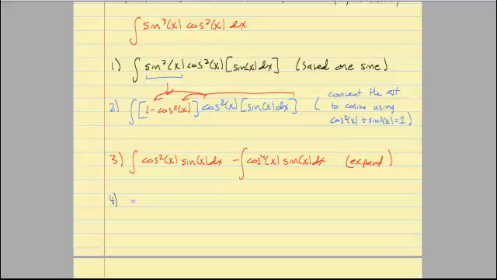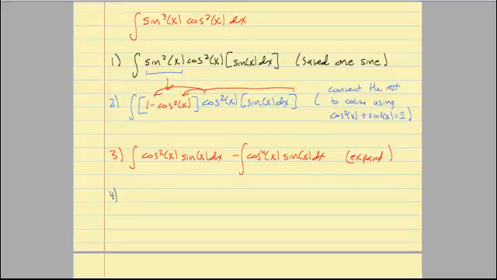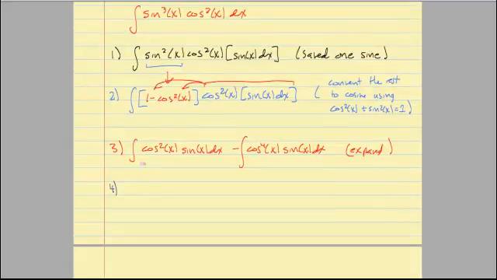Now the integration here will be a two-step process because I have two different integrands, although the u substitutions that we're going to be using are the same. So here I'm going to let u equal cosine of x. Du then would be negative sine of x dx. And that's going to work for both of these.